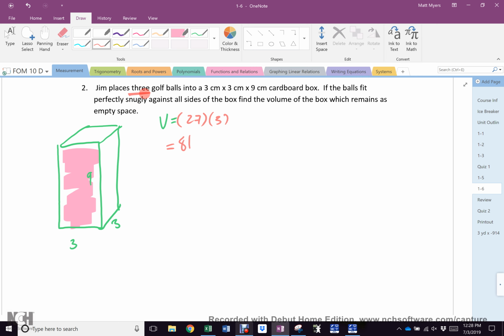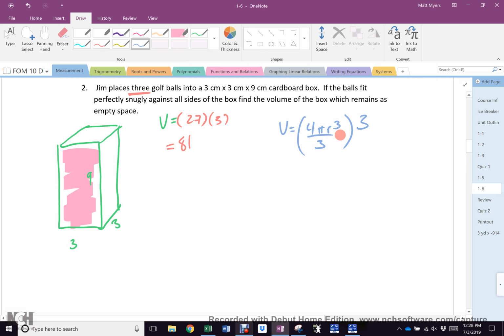So I need to know the volume or the surface area of the golf ball. Which is it? Volume. Golf ball's a sphere, right? So volume of a sphere is 4 pi r cubed over 3, correct? Right? But how many golf balls are there? So what am I going to do with this volume? I'm going to multiply it by what?